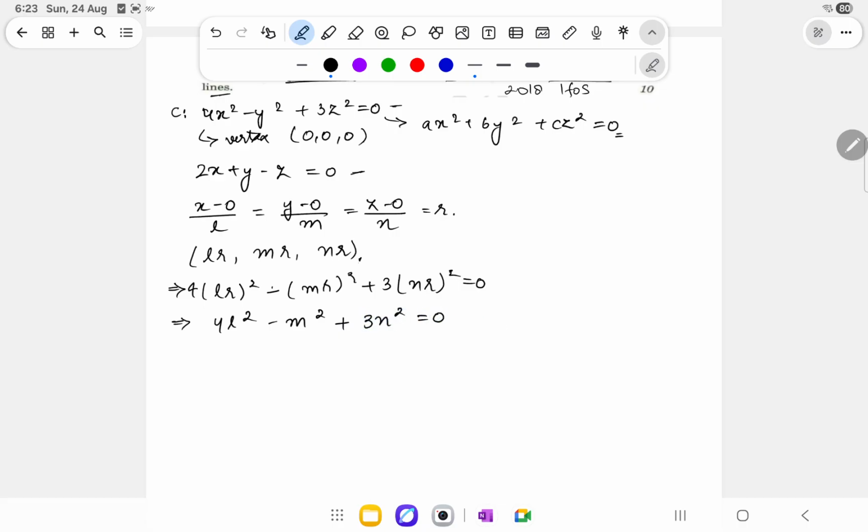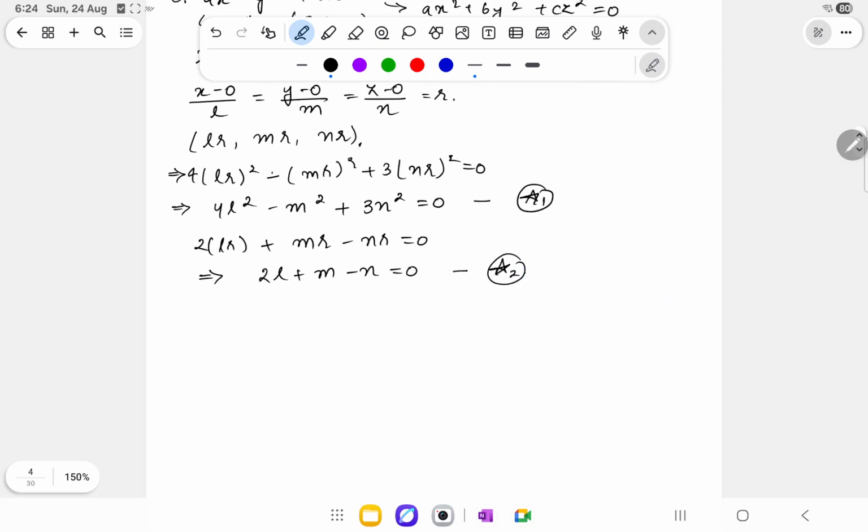Let's name it star 1. It also satisfies the equation of the plane, so I'll get 2 into lr plus mr minus nr equals to 0, and simplifying, I'll get 2l plus m minus n equals to 0. Let's name it star 2.